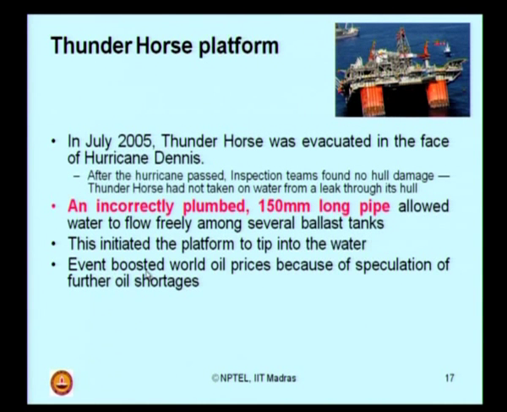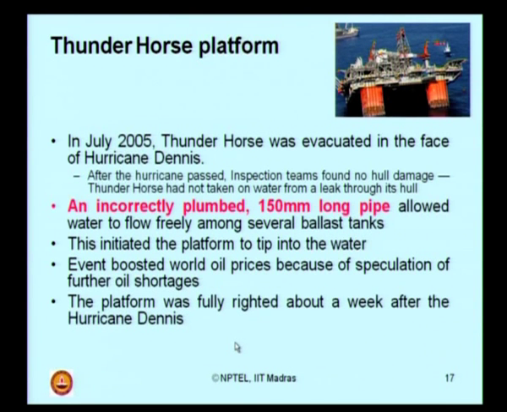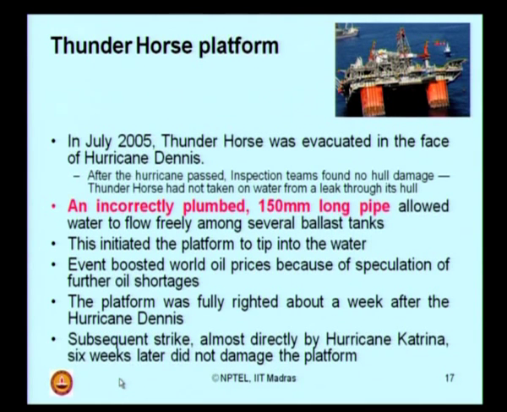This event boosted the world oil price because of speculation of further oil shortage in the near future. The platform was fully righted about a week after Hurricane Dennis, and subsequently Hurricane Katrina struck the platform but did not damage it.